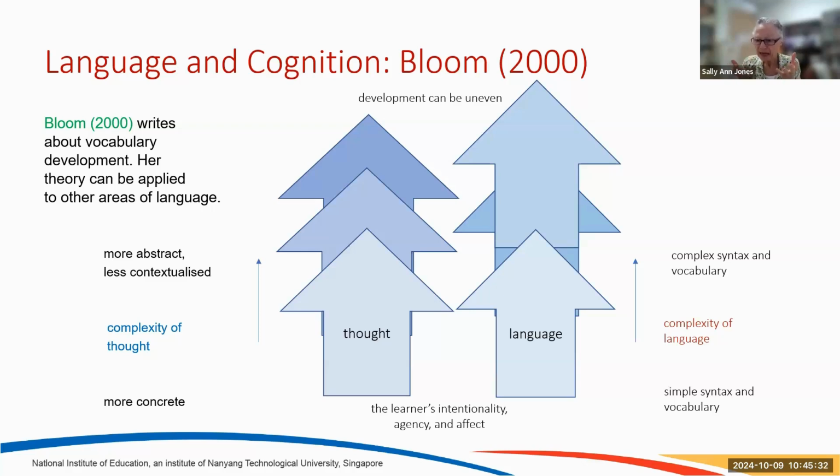And so thinking and language are intimately connected and should proceed in tandem until, you know, the highest level, when we get to that meta discourse. So we get to the most complex language in order to think about thinking and language. Bloom also suggests that this has to take place through the learner's agency and effort.